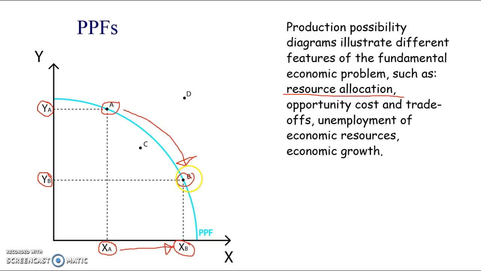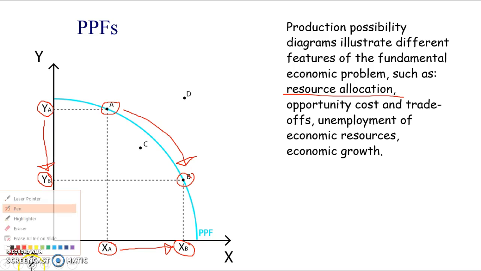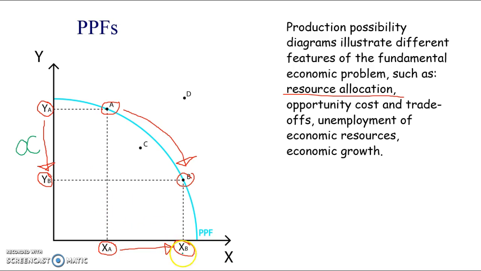But to get there, unfortunately, we have to give up some of the production of Y. So here we can show opportunity cost. I'll change the colour on here. This space between YA and YB is the opportunity cost. This is the benefit we've given up, this quantity of Y, to be able to get more of X. So the exact equation would be YA minus YB.